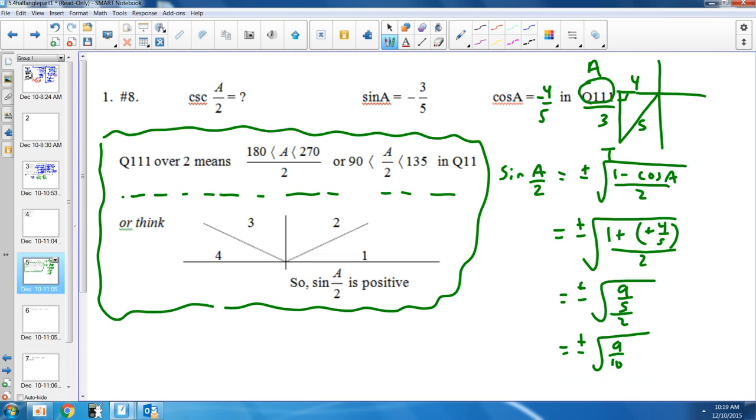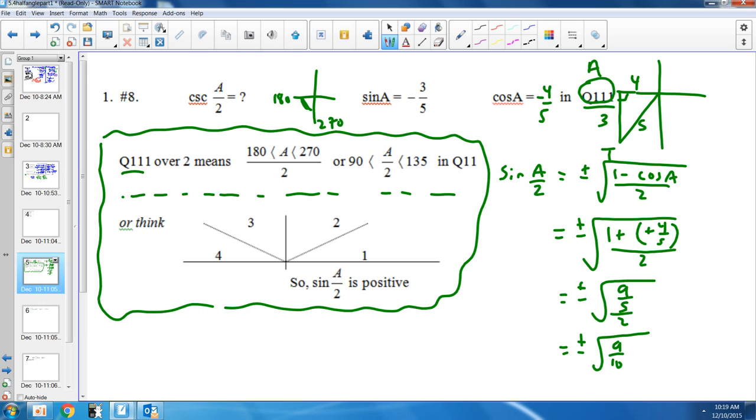The first method said, okay, if A is in quadrant 3, it's between 180 and 270. That hopefully should make sense. If you're looking at quadrant 3, that's this angle.